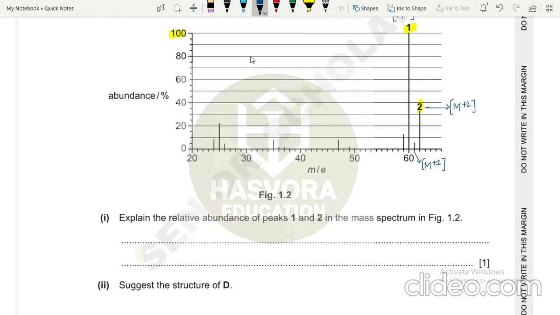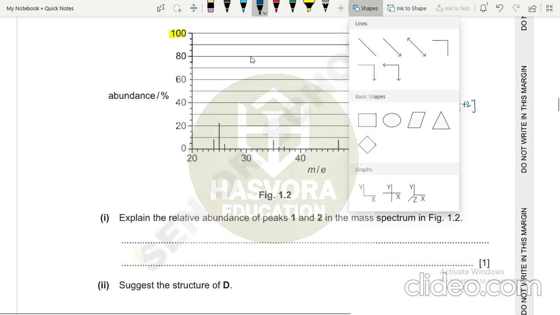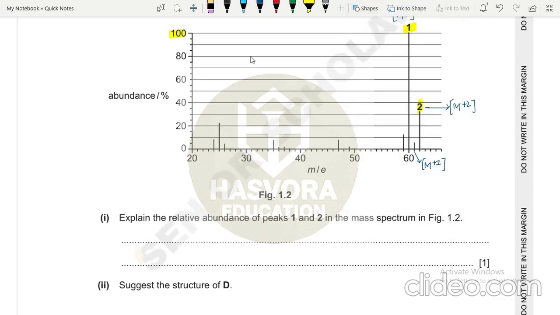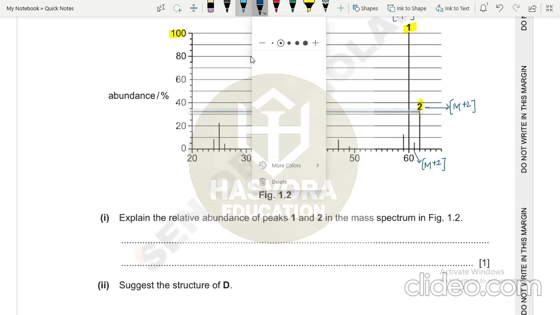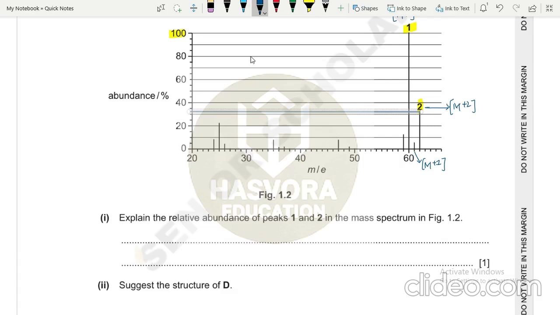Let's just find the relative abundance of this. Let me just draw a line. It will be here, something about here, and the other one is for sure 100%. So let's just write the abundance. It will be 100, and this one seems to be about 33.